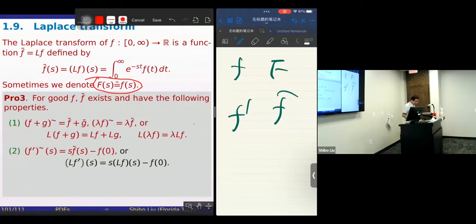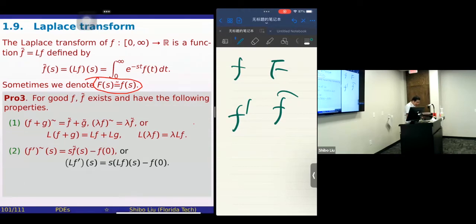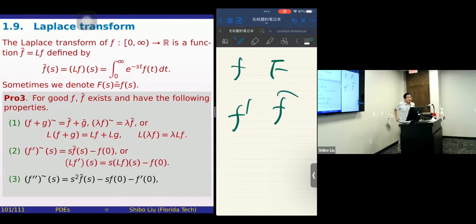Anyway, now the third property is the double prime, the second order derivative, because most of the PDEs we will encounter are second order. Here the first one is first order, and this is second order. Of course, for the Laplace transform, even the nth order derivative has a more complicated equality, but we don't present it here.